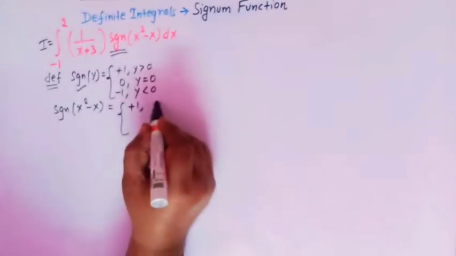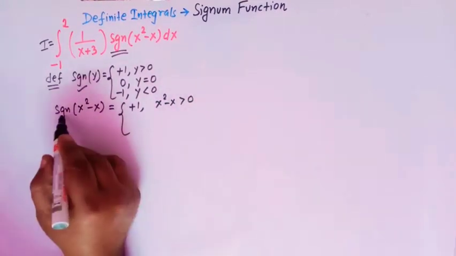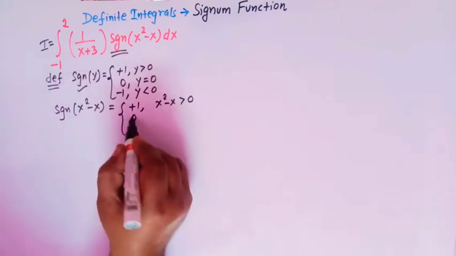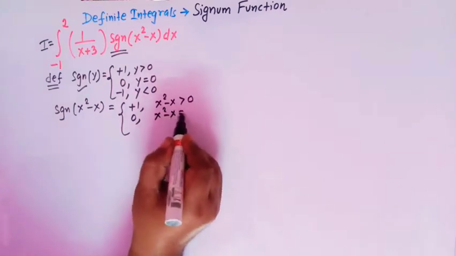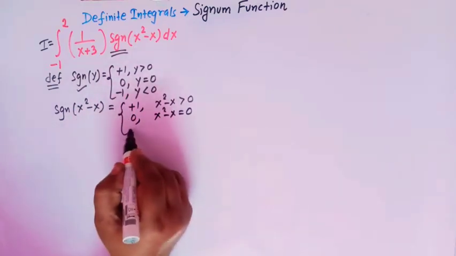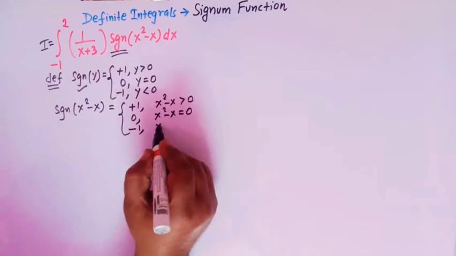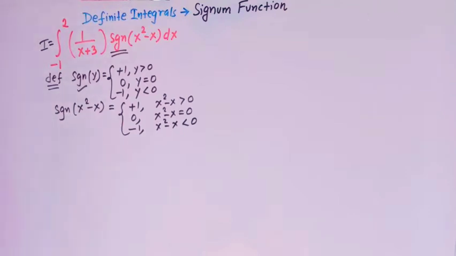So signum of x square minus x is equal to plus 1 whenever x square minus x is greater than 0, and signum of x square minus x is equal to 0 whenever x square minus x is equal to 0, and signum of x square minus x is equal to minus 1 whenever x square minus x is less than 0.